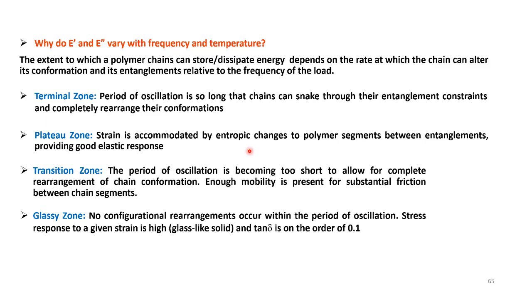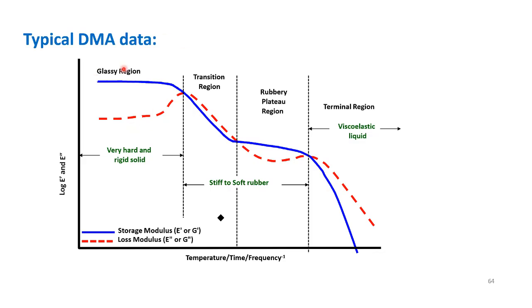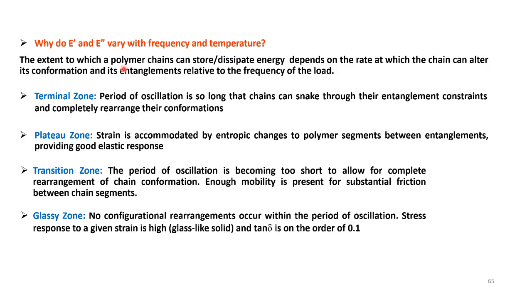Here the period of oscillation is becoming too short to allow for complete rearrangement of chain conformations, so there is enough mobility for substantial friction between the chain segments. Then we get a glassy zone, where no configurational rearrangement occurs within the period of oscillation. So the stress response to a given strain is very high. It will be a glass-like solid, and the tan delta is on the order of 0.1.